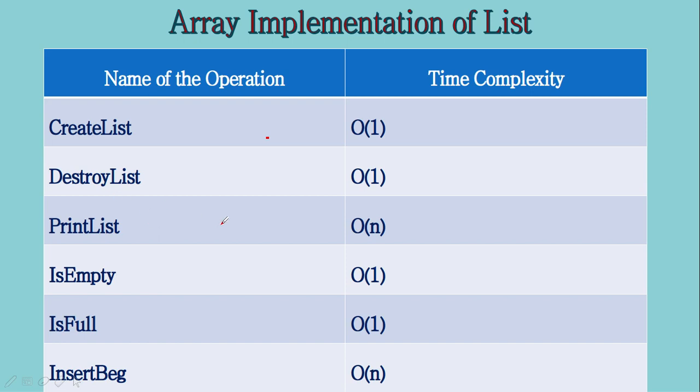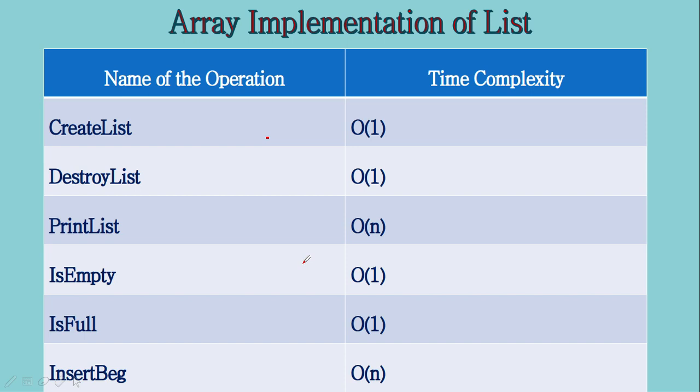Then we wrote a destroy list function in which we were giving back the dynamically allocated memory. So destroy list also took big O of 1, constant time. Next is the print list function. In print list we were just traversing the array from index 0 to number of elements and printing it.